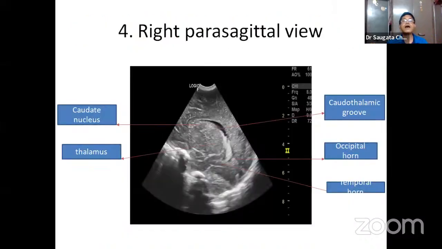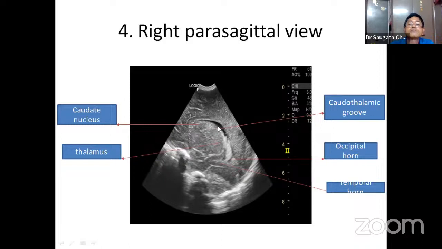Next is the right parasagittal view. Now he will go towards the right side. We can see the caudothalamic groove. This part is the thalamus, and this part is the caudate nucleus. This groove divides the thalamus and caudate nucleus, and when they become pathologically echogenic, this division becomes visible.